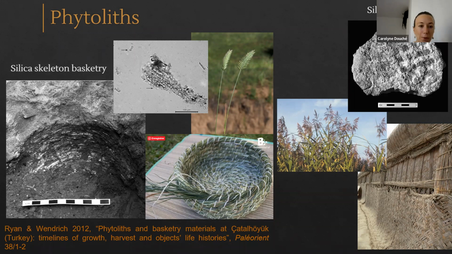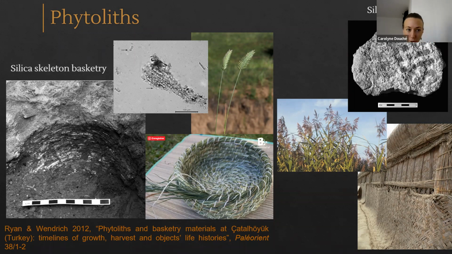So here you have an example from Çatalhöyük in Anatolia, where samples from different baskets recovered in domestic and funerary areas were collected. And phytolith analysis indicates that they were made with panicoid grasses, such as Agropyron, that you can see, so the phytoliths and the related plant in the picture. And so this plant may have been used to produce basketry.